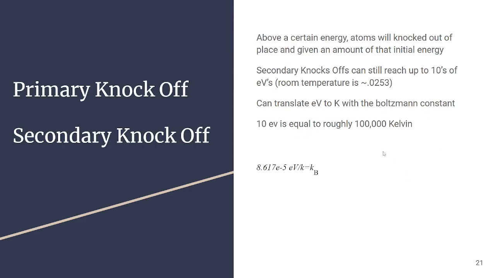This is not completely proven because you can't just measure temperature, but a lot of people think that these knockoff atoms reach these stupidly high temperatures for a very, very brief time. We'll talk about the time frames a little bit, but just know that it's crazy.